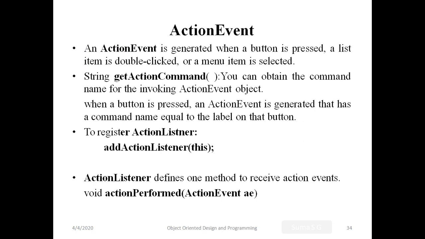The next one is action event. An action event is generated when a button is pressed, or you select an item from a menu, or a list item is double clicked.